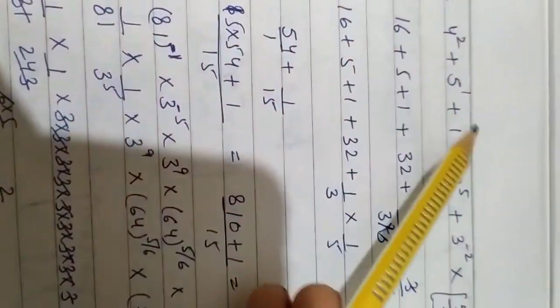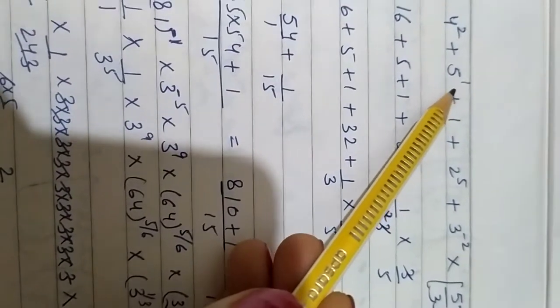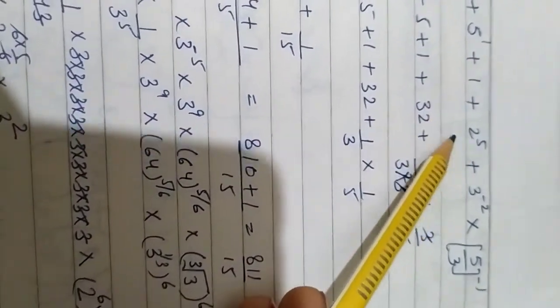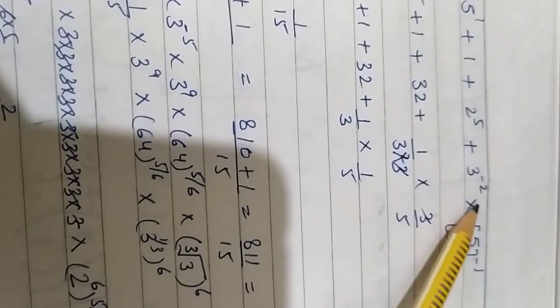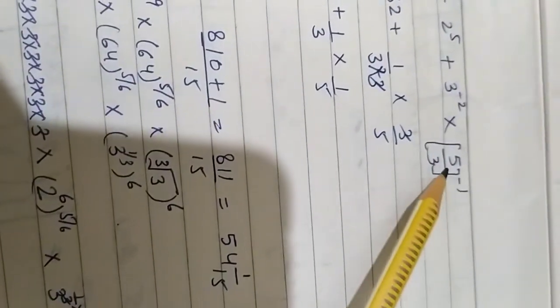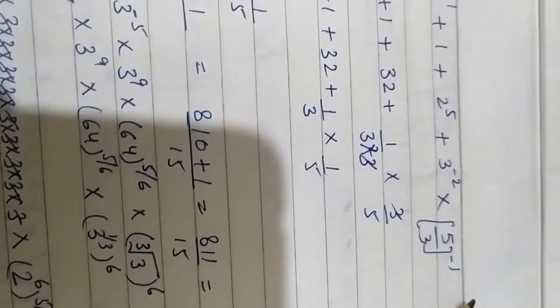So we are left with 4 square plus 5 raised to the power 1 plus 1 plus 2 raised to the power 5 plus 3 raised to the power minus 2 plus 5 upon 3 raised to the power minus 1.